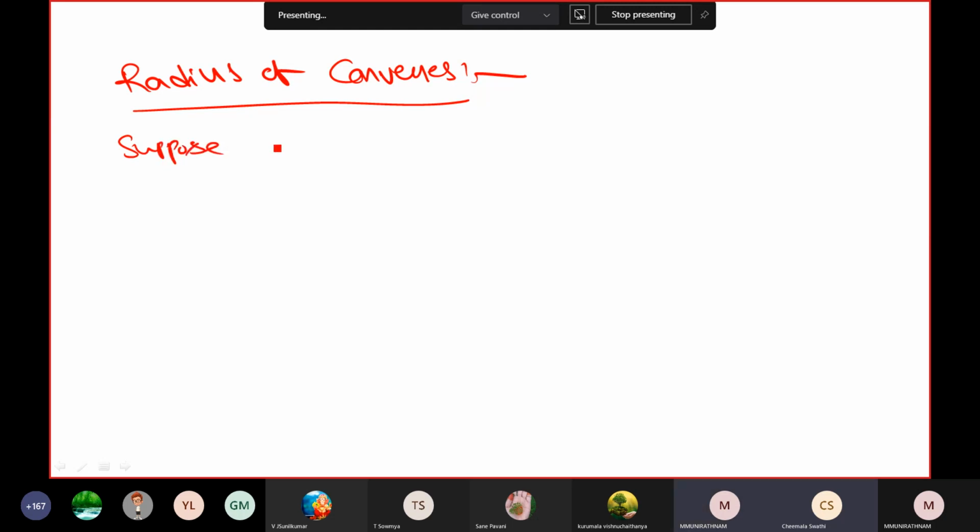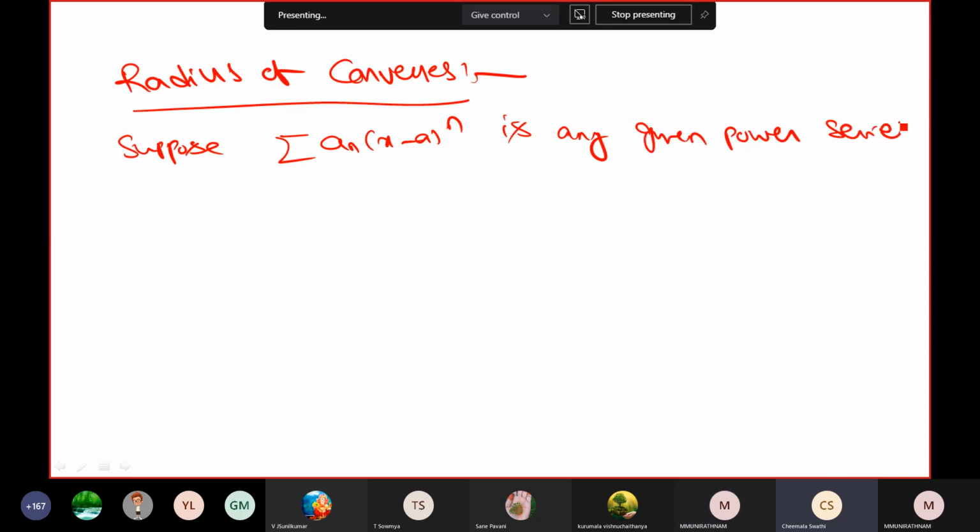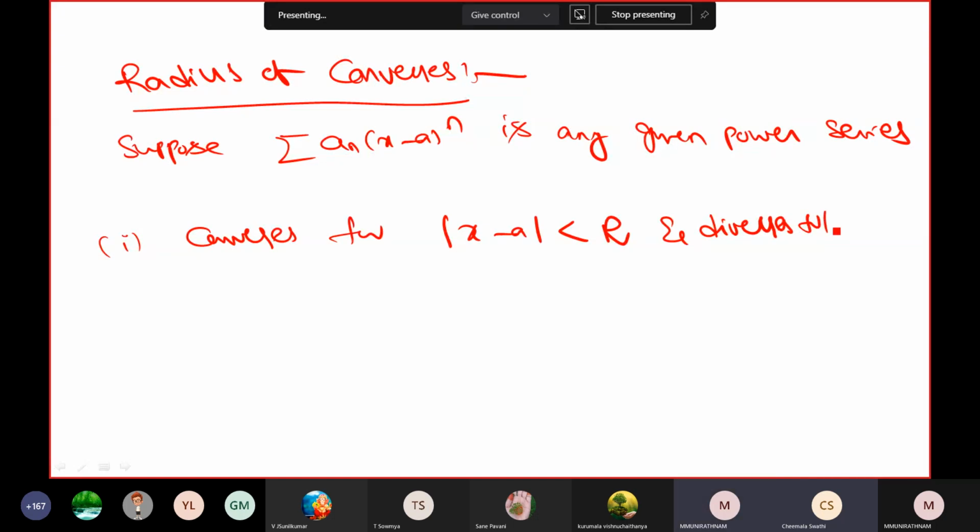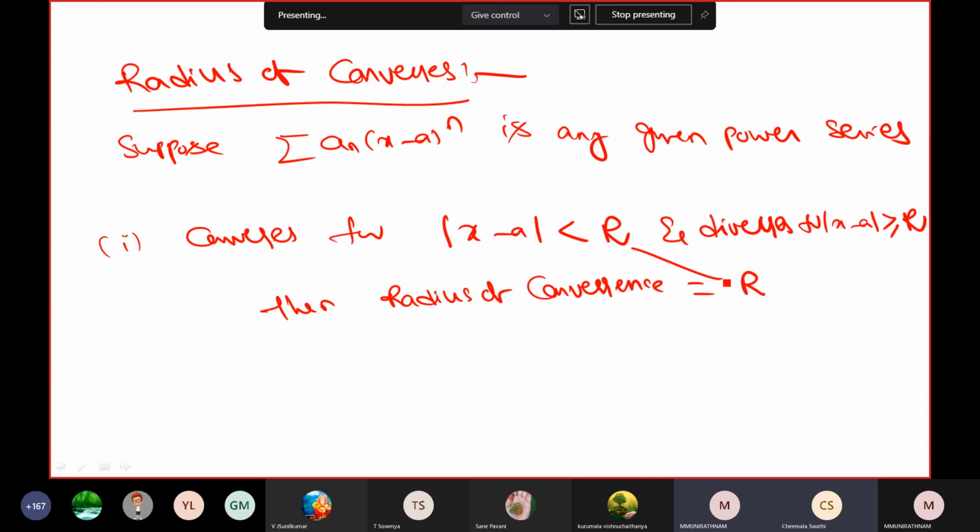Suppose summation an x minus a whole power n is any given power series, and by using ratio test, if you get it converges for mod x minus a less than capital R and diverges for mod x minus a greater than or equal to R, then this capital R is called the radius of convergence.